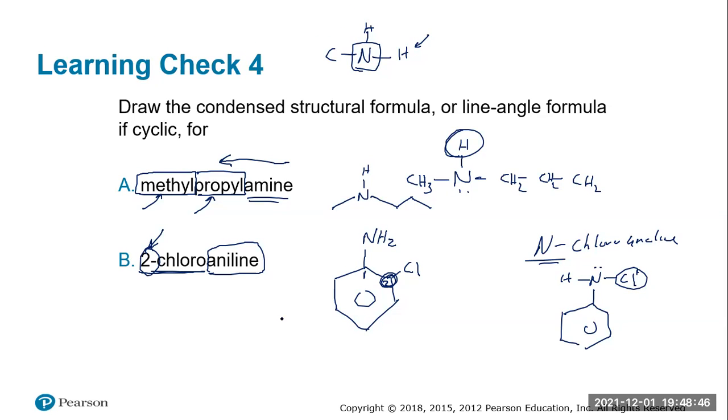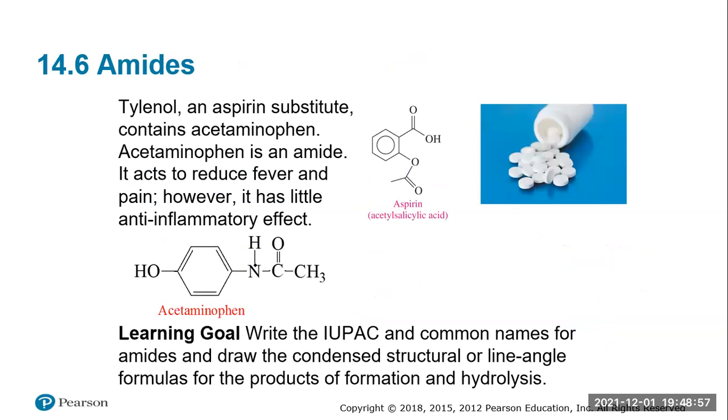The last organic group of the season, I guess, is amides. So amides are also nitrogen-containing groups. They're kind of derivatives of carboxylic acids, so carboxylic acids are sort of where they come from. They look like a carboxylic acid, except that they have an amine group on it.